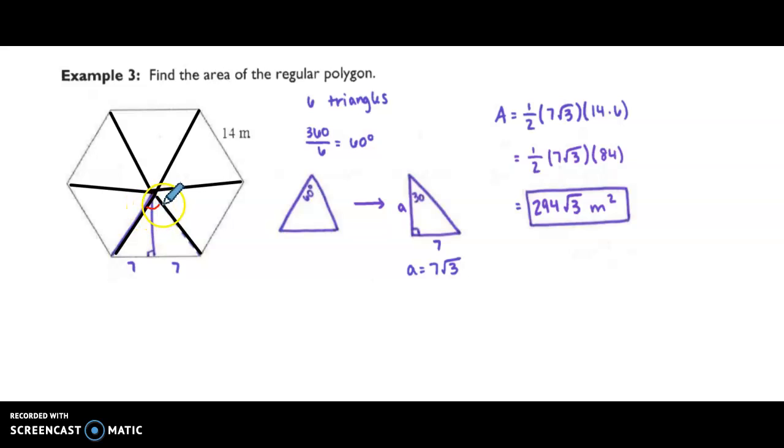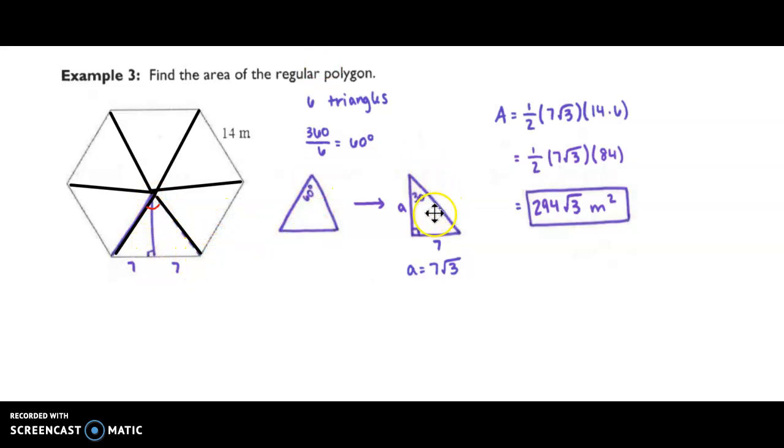So each of those angles in the center is 60 degrees. Don't forget the apothem cuts that angle in half. That's why this is 30. So this triangle that I'm highlighting here is actually this triangle right here. We don't know the A value, the apothem. We know this is 7 because each side is 14 and the apothem cuts it in half.